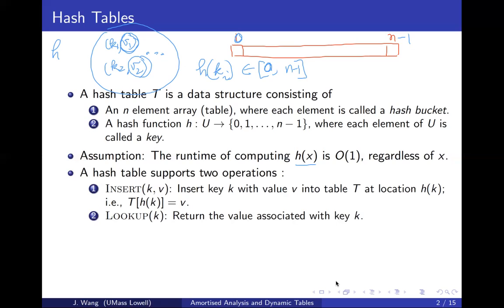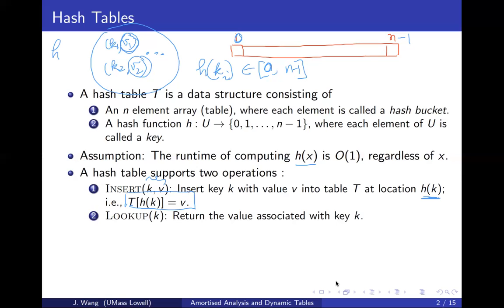Then a hash table supports two operations, insertion and lookup. You have a pair k, v, and you want to insert this pair with value v into the table at location h of k. And when you do a lookup, you want to retrieve the value of a given key k, so it returns the value associated with key k.